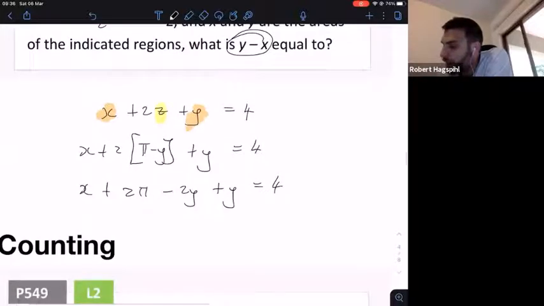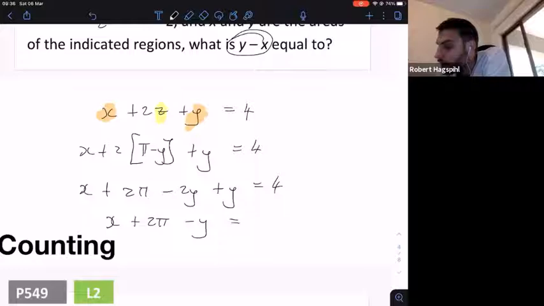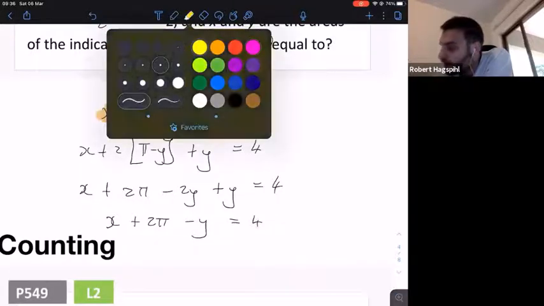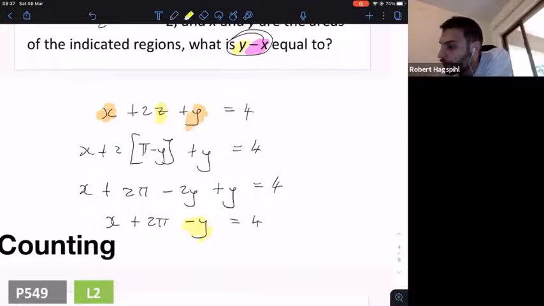All right. And I'm going to get x plus 2 pi minus y is equal to 4. All right. What do I want? I want a plus y and I want a minus x. Currently, I have a minus y and a plus x.